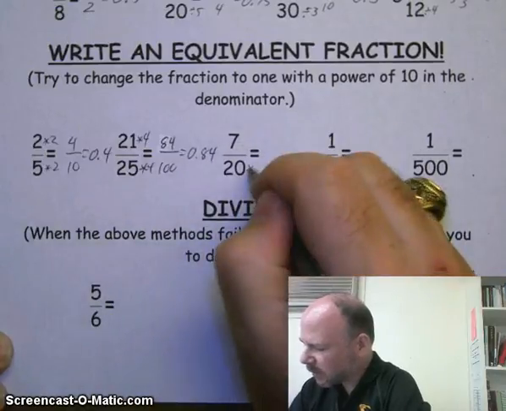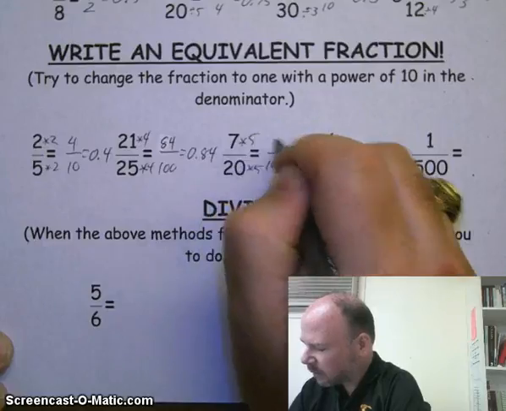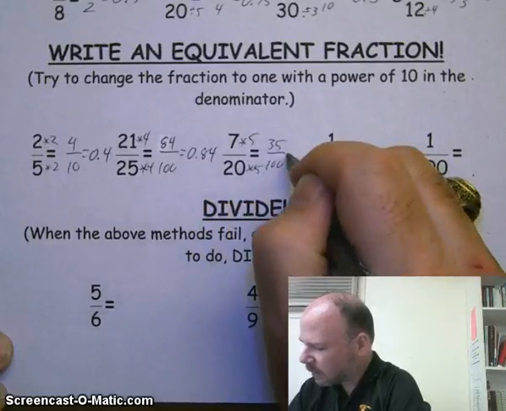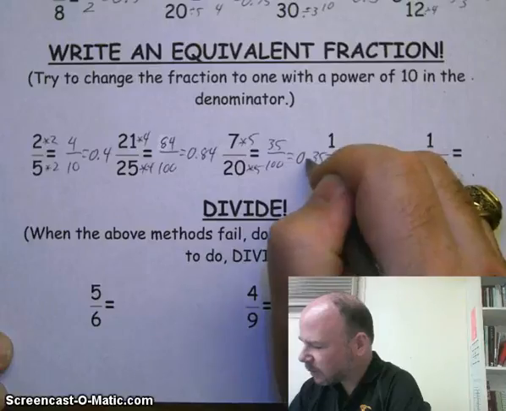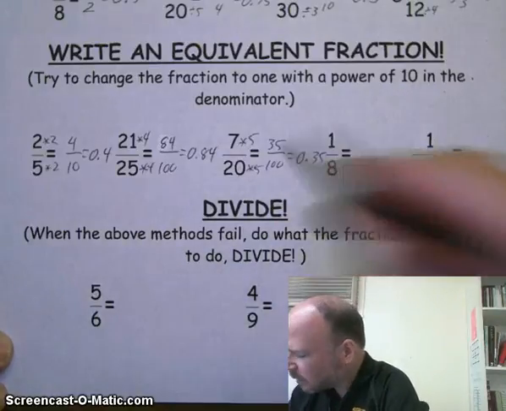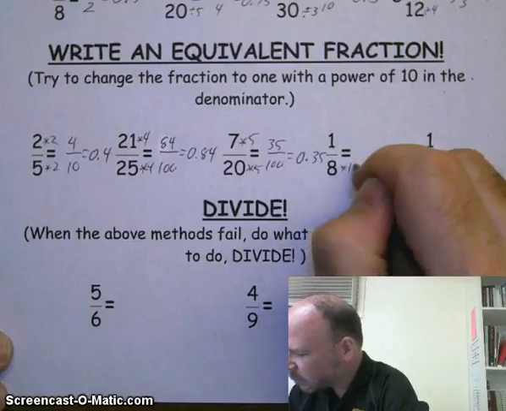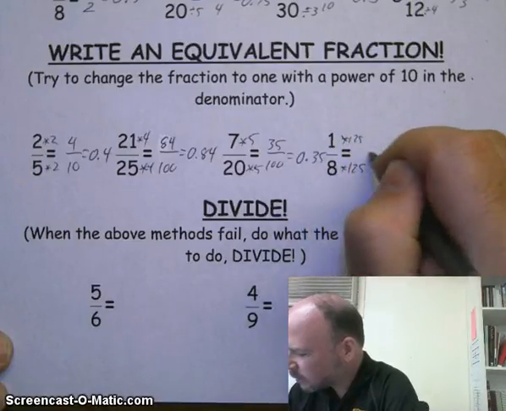7/20, multiply 20 times 5 to get 100. So 7 times 5 is 35. So 35/100 the fraction, 35/100 the decimal. 1/8, this one's a little bit trickier if you don't know it. You multiply 8 times 125 and you get 1,000.